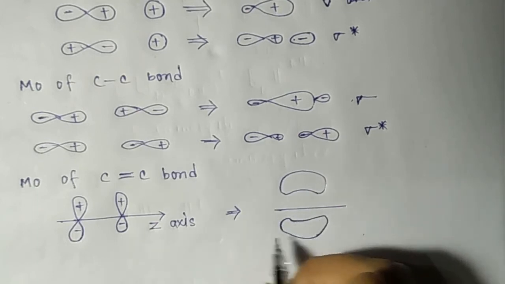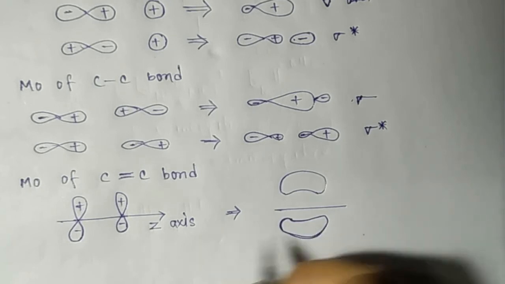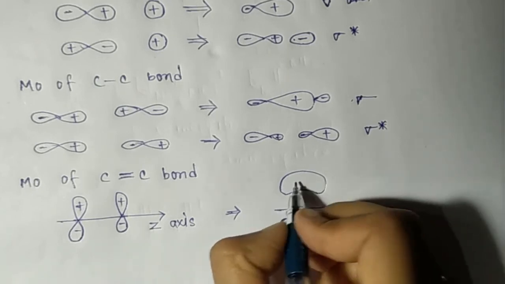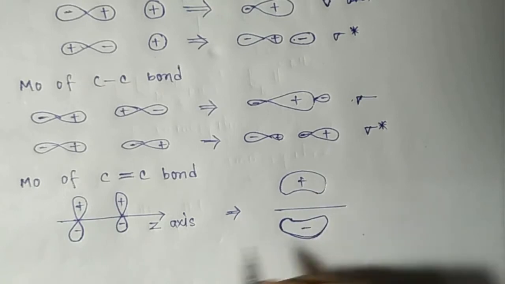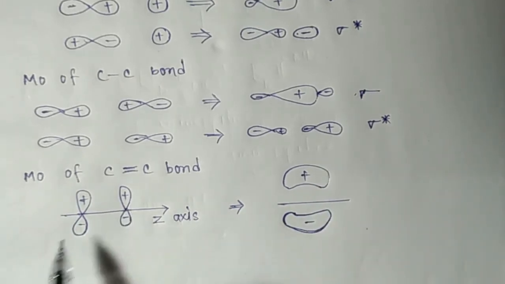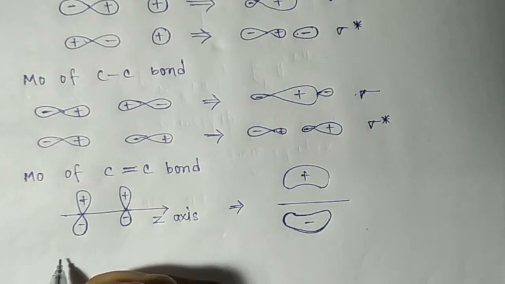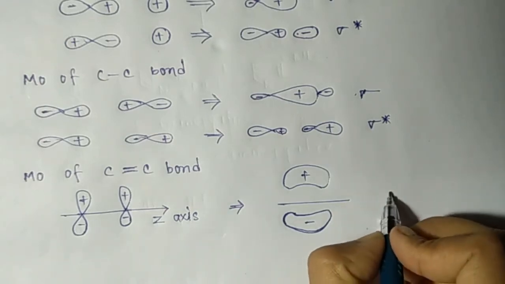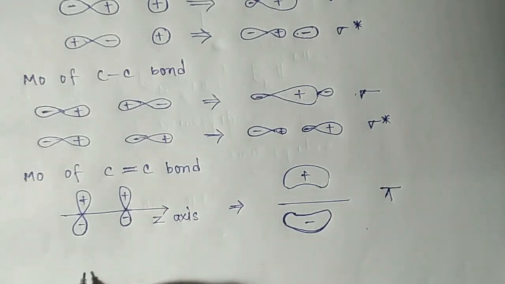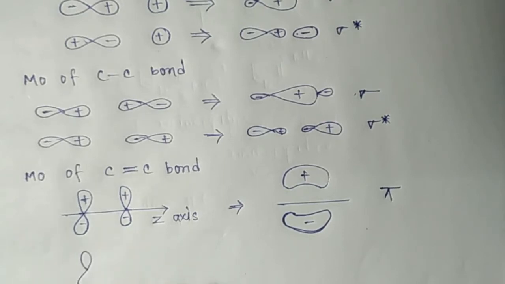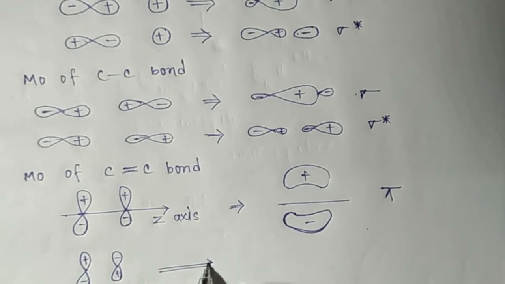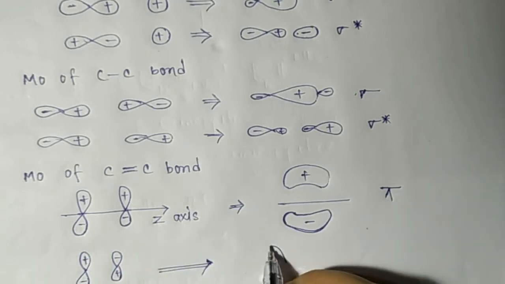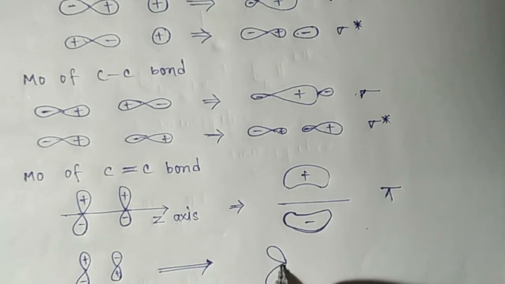This is due to the attractive force between the two lobes that are of the same phase above and below the plane, and this is called the pi molecular orbital. And when they overlap side to side in out of phase condition, they produce the pi star molecular orbital in this way.